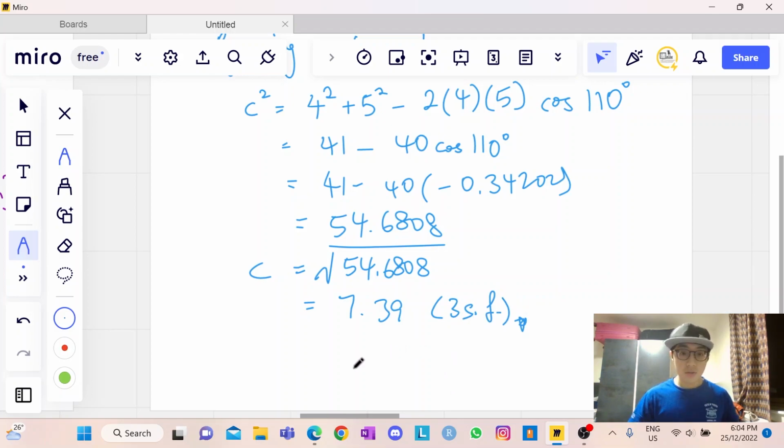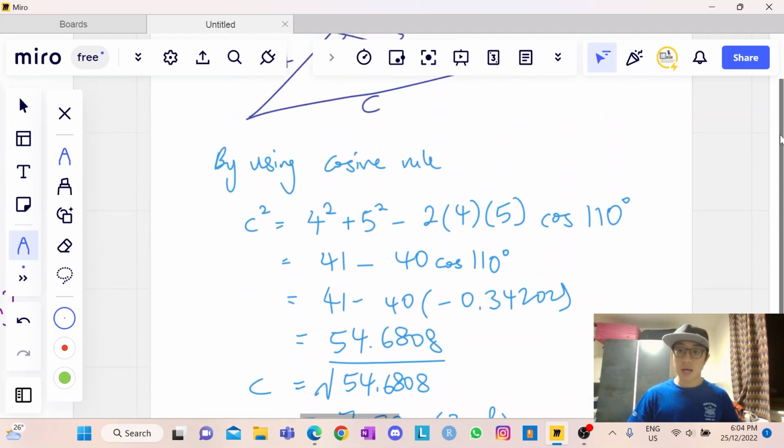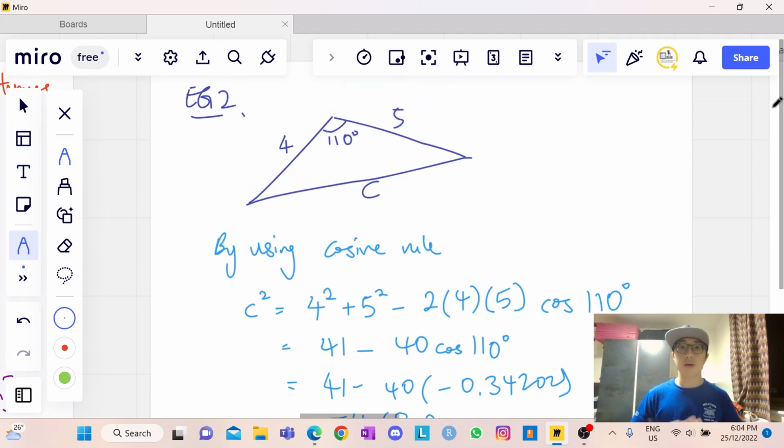So 7.39 is the answer for your C, and it actually makes sense because the hypotenuse must be the longest length compared to the other two lengths of the triangle. So you have 4, you have 5, and this is 7 point something. It makes sense, and this is a sense check that you might want to do every single time when you are doing math.